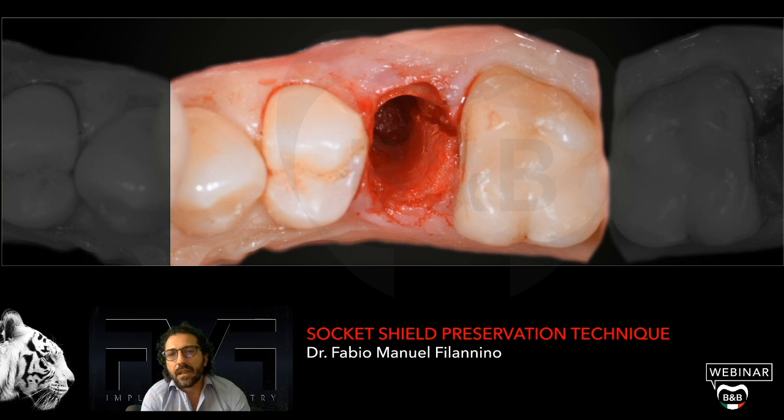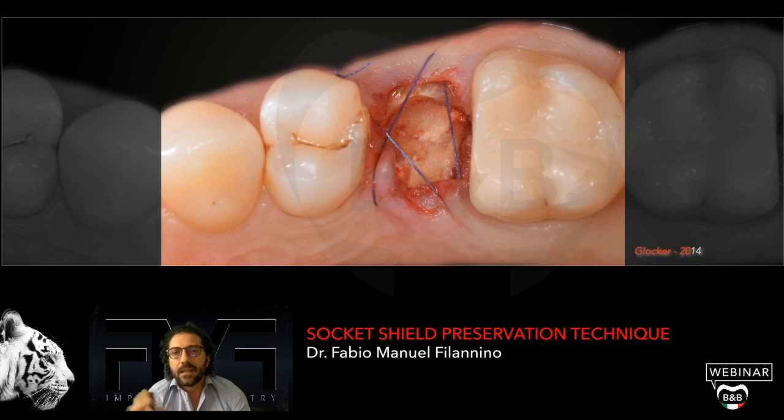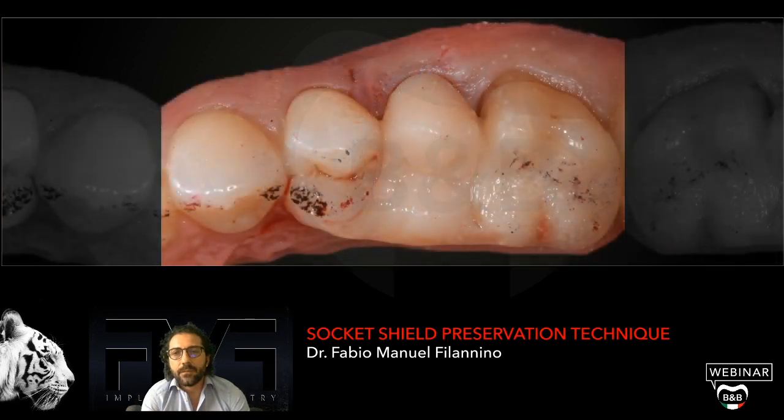And so I said, okay, let's do the socket shield technique. We can insert the collagen and the suture, and then I can cement a Maryland bridge.